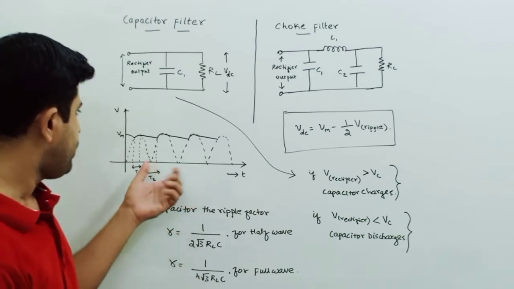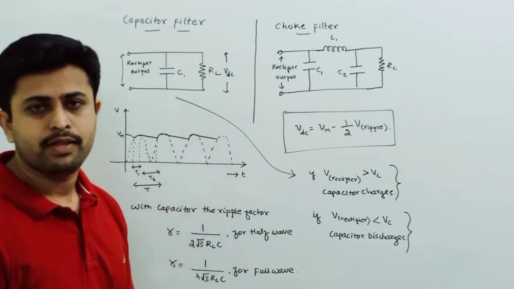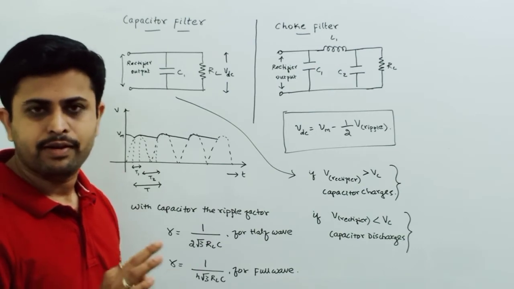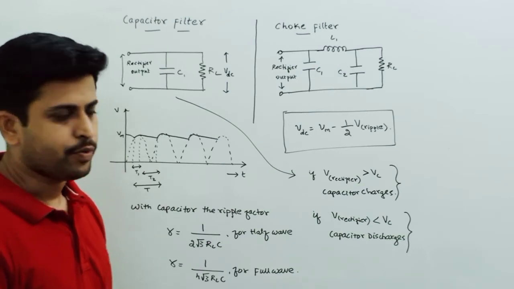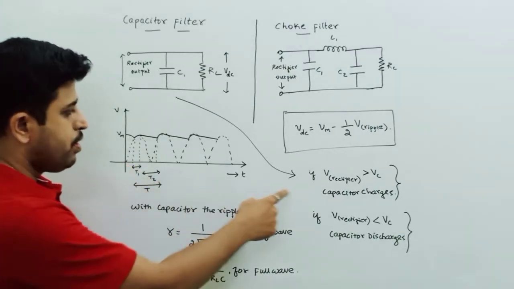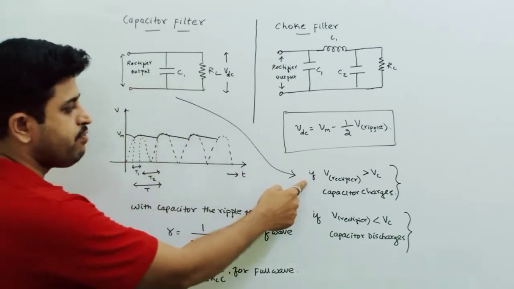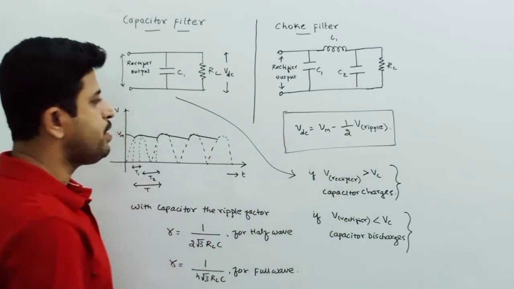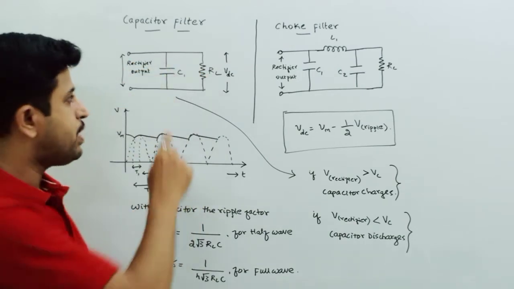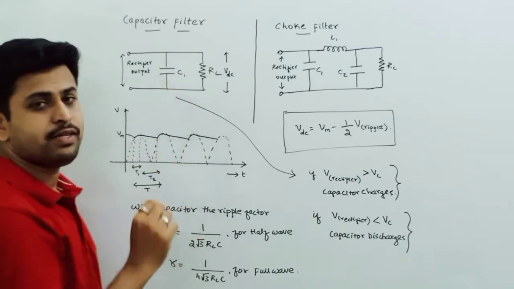You can see here we have this dotted line, that is the positive half cycles. Actually that is the output of the full wave rectifier that we have discussed and learned. Now if the rectifier output is greater than VC, the voltage drop across the capacitor, then this capacitor charges.